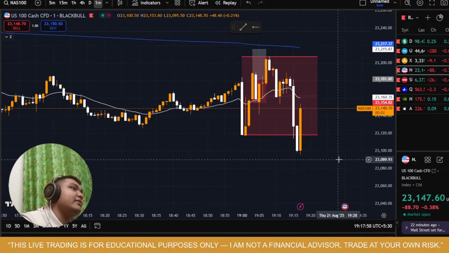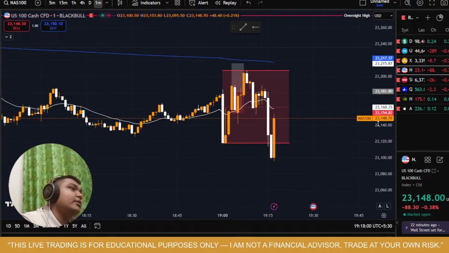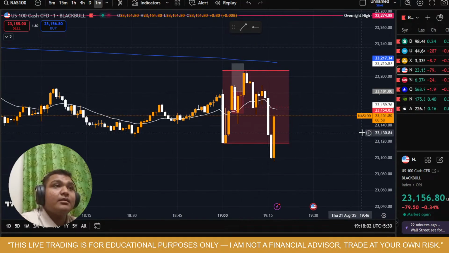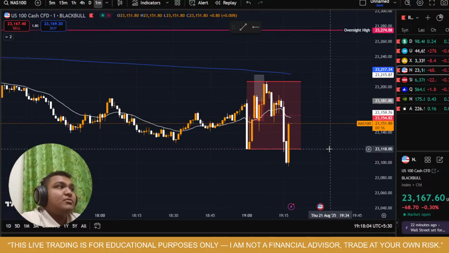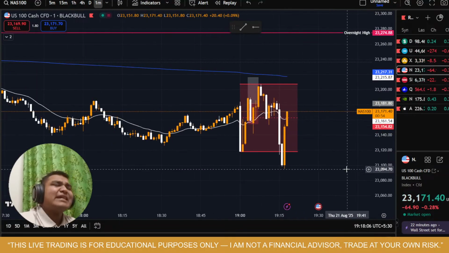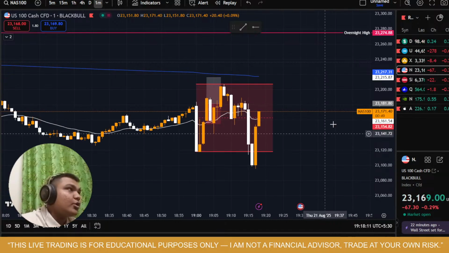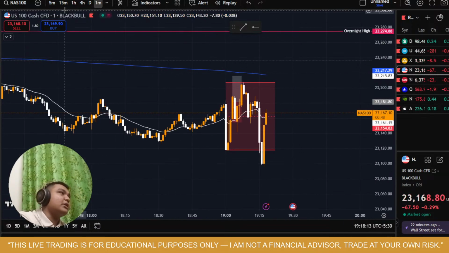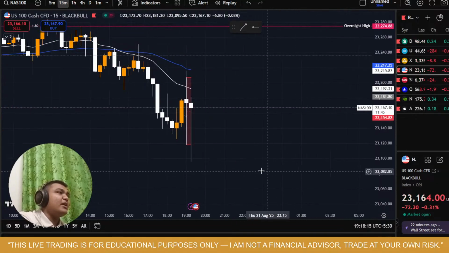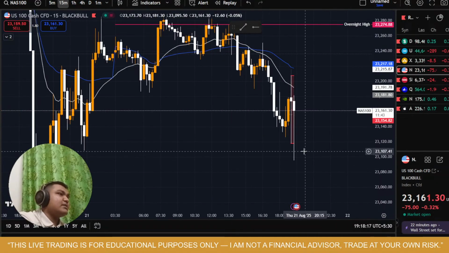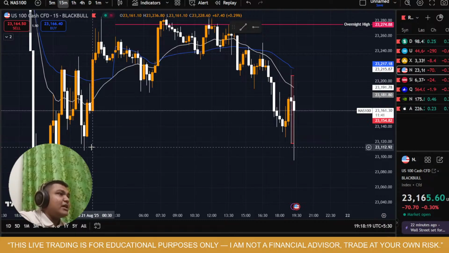So this is the day where you have to be patient and chilling. If possible, just don't trade. If possible, just don't trade right now. Just wait for it to do something. See these 50-minute candles. Wow. Still, we can say this liquidity has been taken.